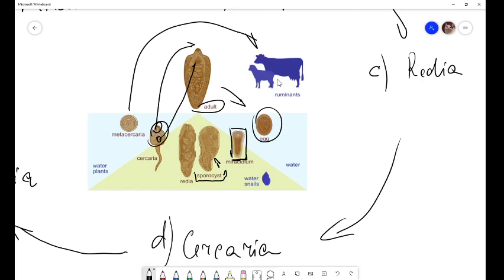And this adult form produces a lot of eggs. What you must know is that from one egg, or from one miracidium, we can get more than 100,000 cercariae, because at this stage of the life cycle this organism can multiply its number.